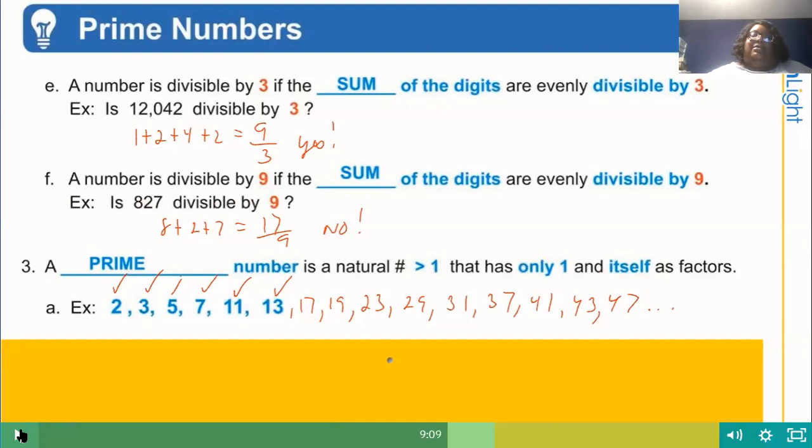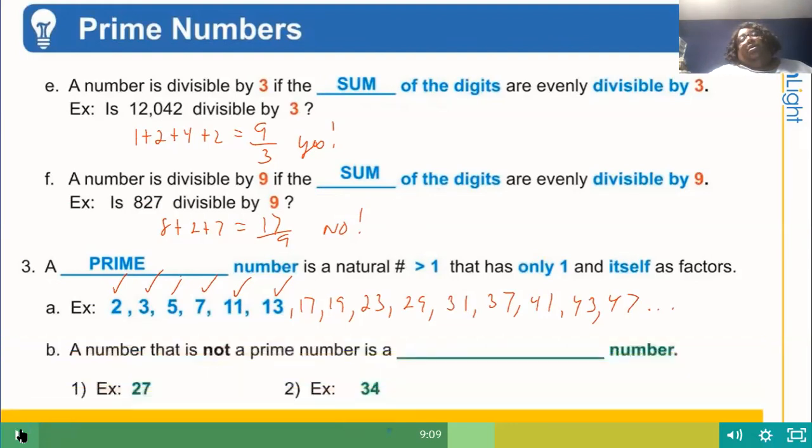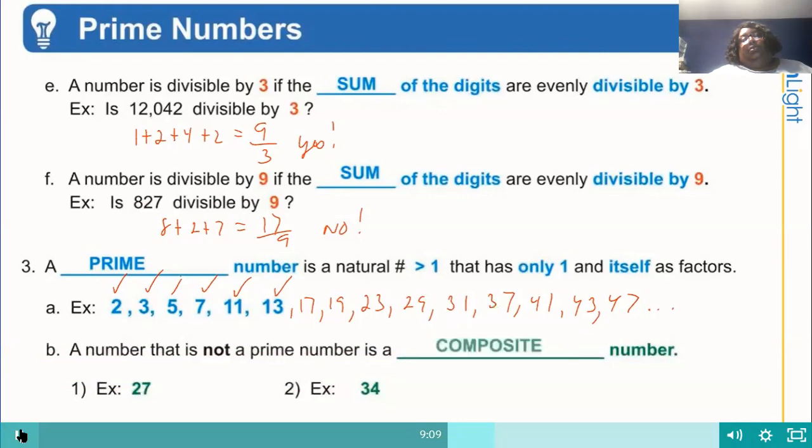Good job. Well, what do you call a number that's not a prime number? All right, a number that's not a prime number is a composite number. Composite. And you can see we have a couple examples here of composite numbers. Because what is a 27? How about a 3 times 9? See?